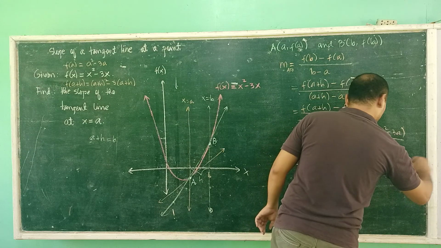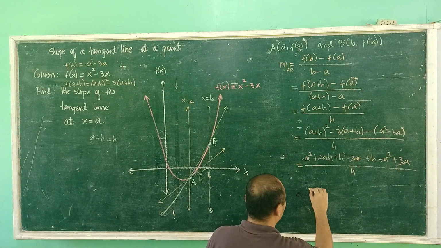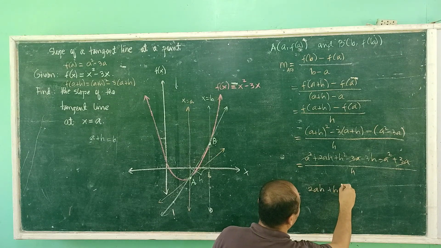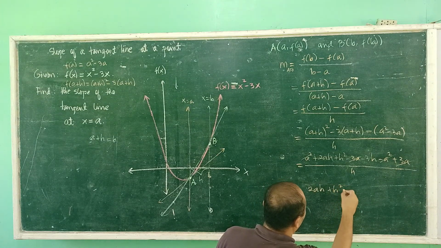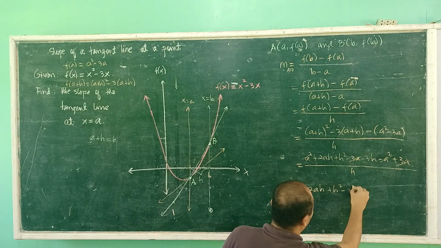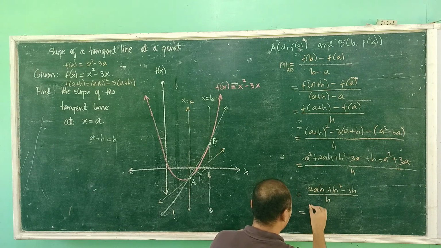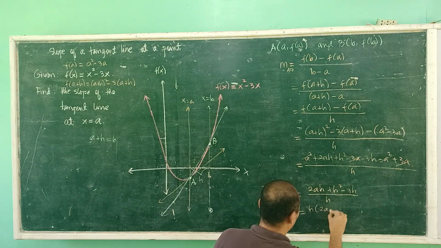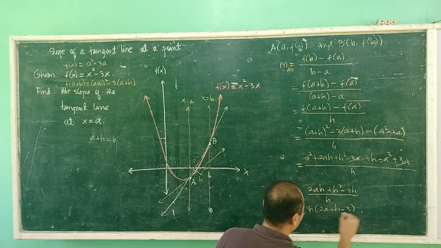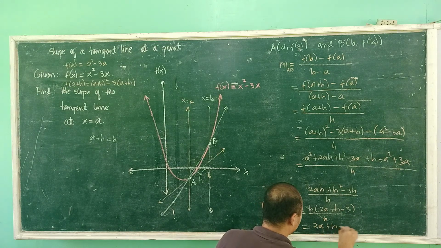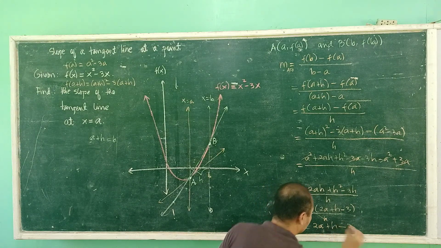You'll be left with 2Ah plus h squared minus 3h all over h. The common factor is h here, so you have h times 2A plus h minus 3, over h. That is equal to 2A plus h minus 3.